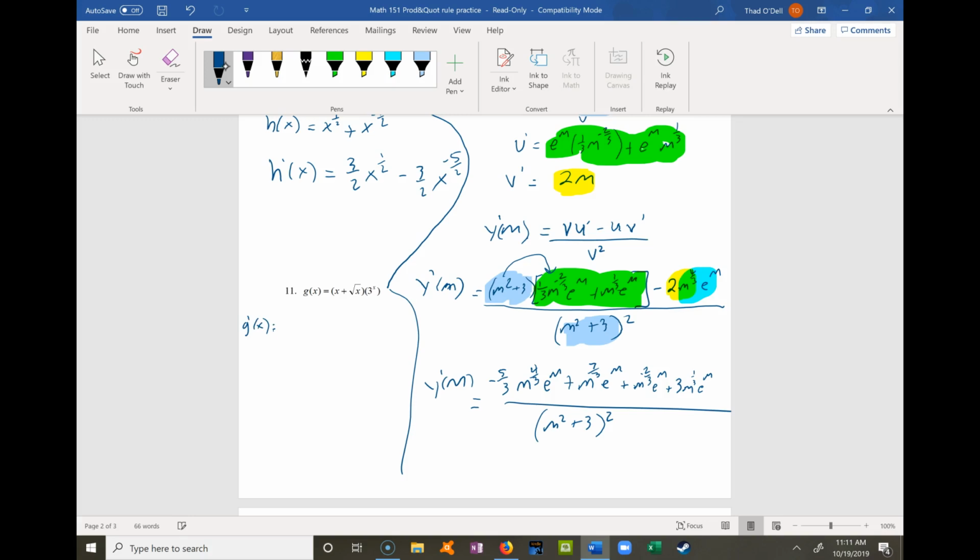The derivative of the first is 1 plus 1/2 x to the negative 1/2 times 3 to the x. And then we're going to add to that x plus x to the 1/2 times ln 3 times 3 to the x, right?